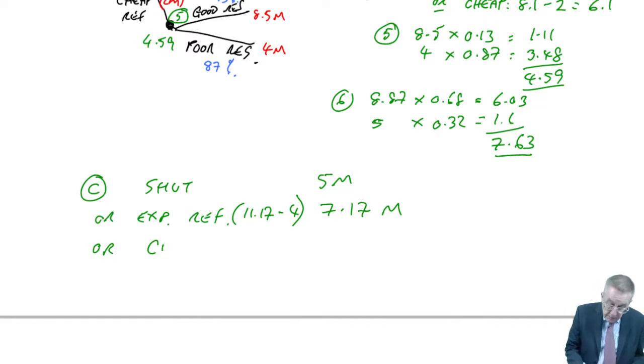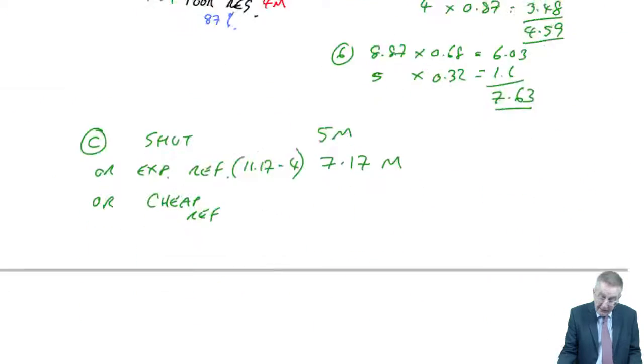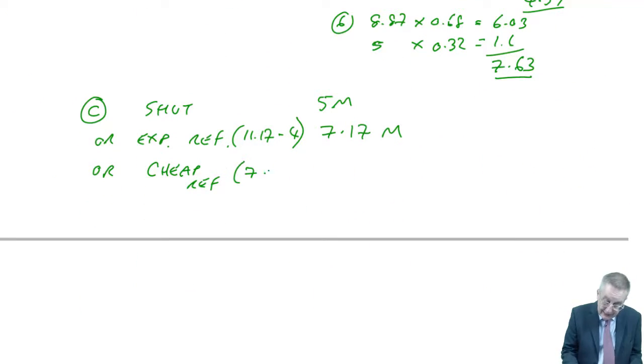Or we do the cheap refurbishment: we pay out 2 and get back 7, a net 5 million.